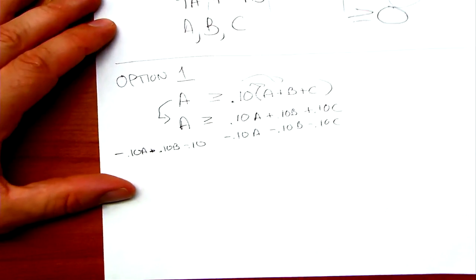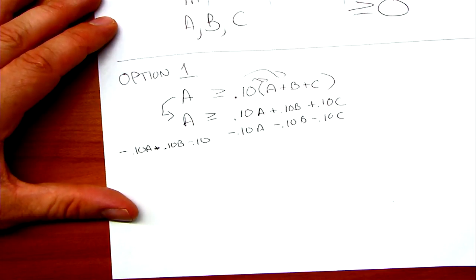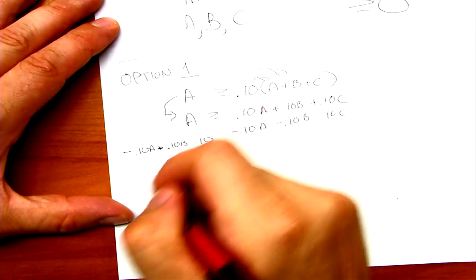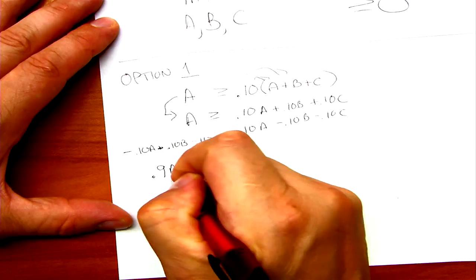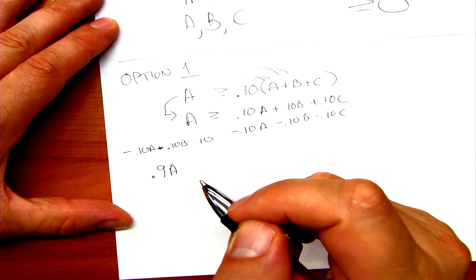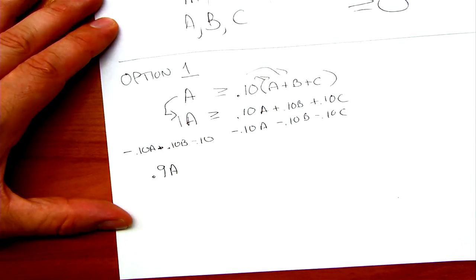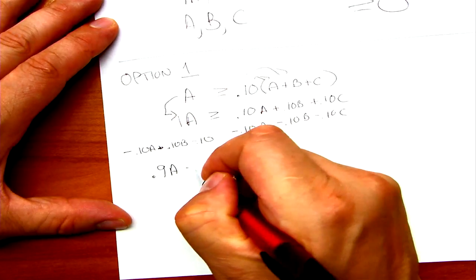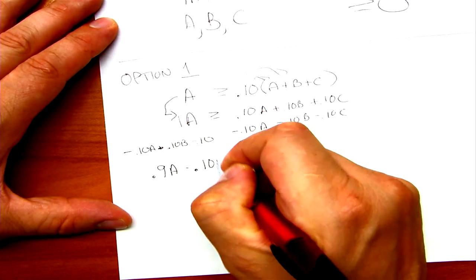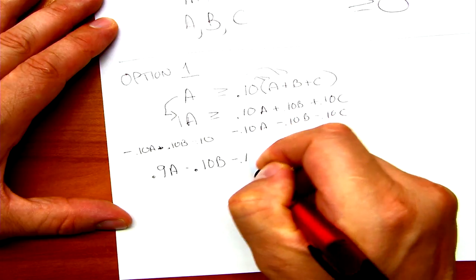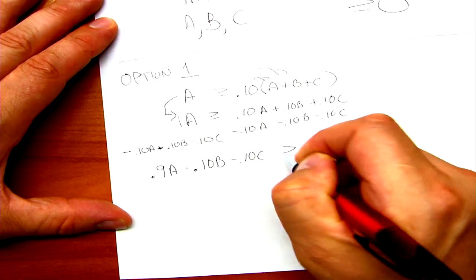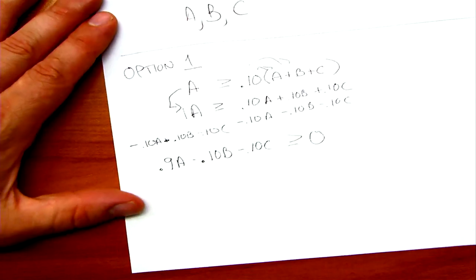Okay, so this is just algebra, right? So what does that end up as? That ends up as 0.9A minus 0.10B minus 0.10C is greater than or equal to 0.